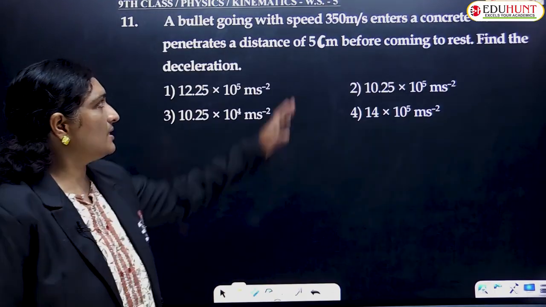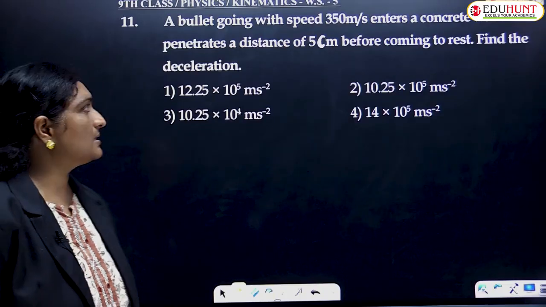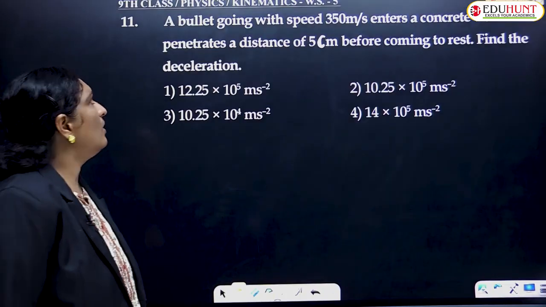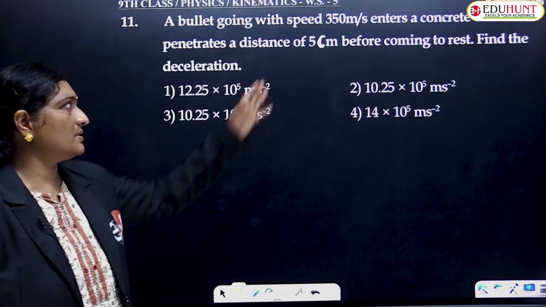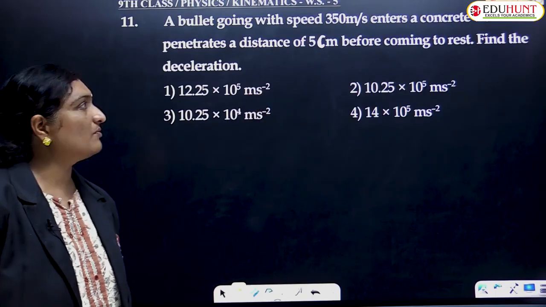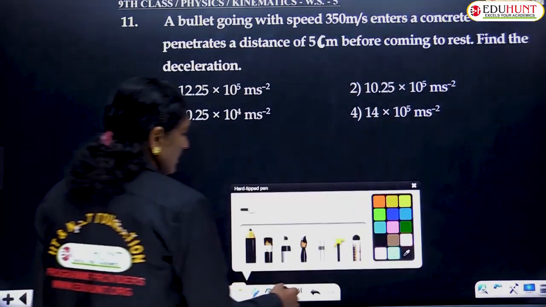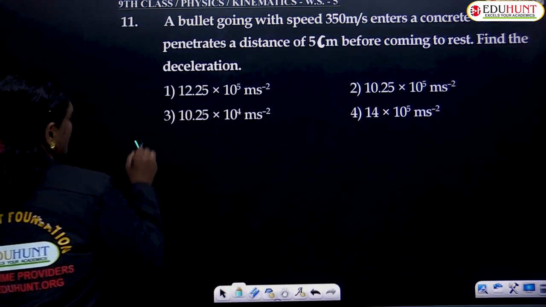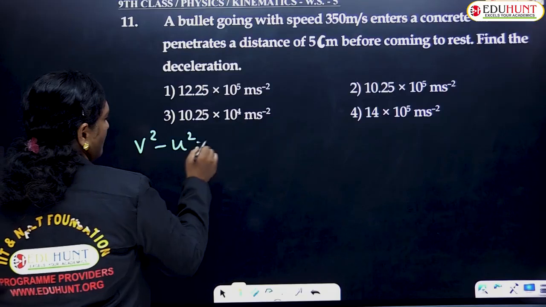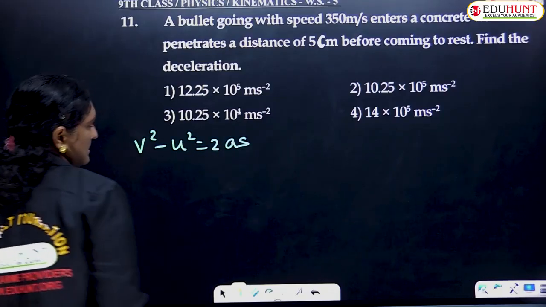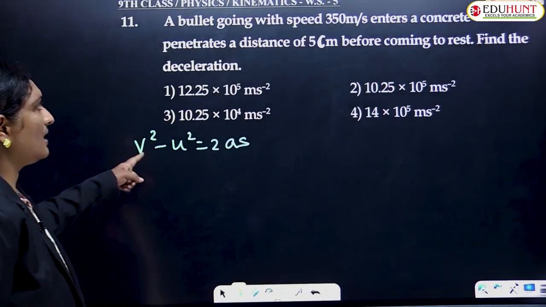Okay, a bullet going with what initial speed? 350 meter per second into a concrete wall and penetrates a distance. How much distance did it go? 5 centimeters before coming to rest. You are asked to find the deceleration. Of course, the formula that you will be using is v square minus u square equals 2as. So finally it comes to rest.